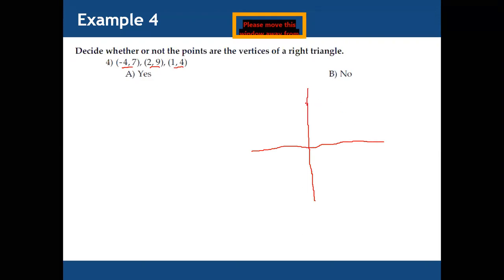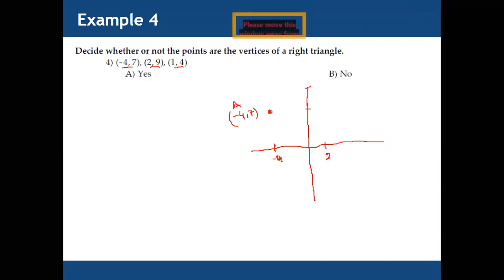First point is minus 4 and 7. Let's suppose this one is minus 4 and this is 7. This minus 4 and 7 point, let's suppose this one is point A. Point B is 2 and 9.